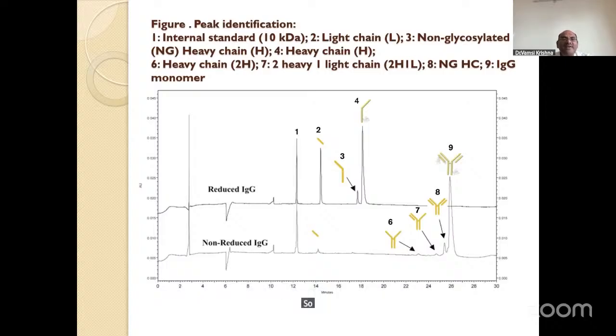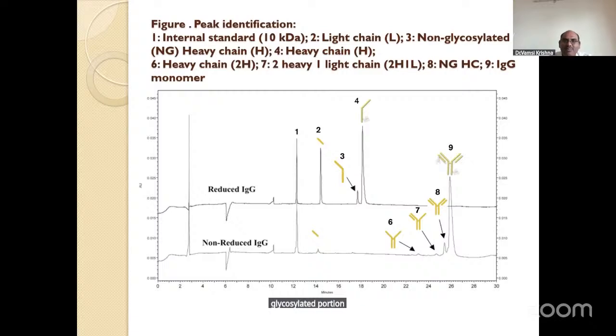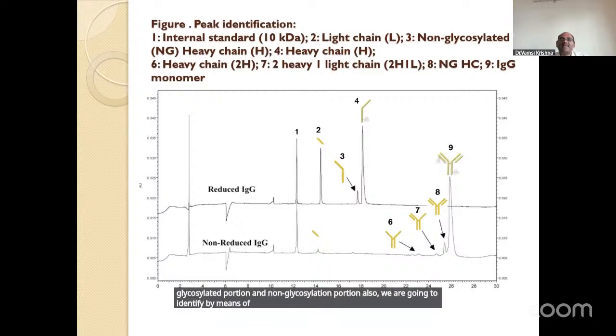This is the benefit of SDS-CGE. By means of SDS-CGE, we can determine size heterogeneity, the different sizes present in our biopharmaceutical, and also identify the glycosylated and non-glycosylated portions.